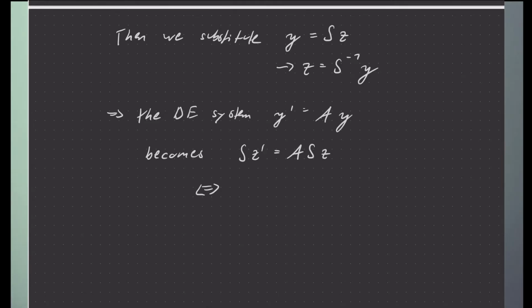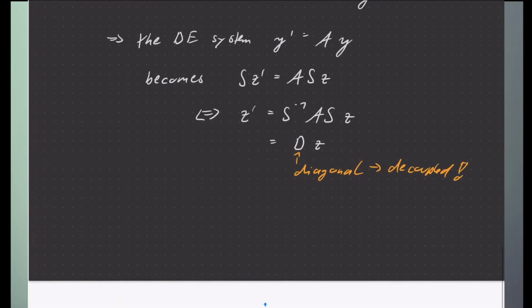We could slightly transform that by simply multiplying this with the inverse of S from the left, and we get c prime equals S to the minus 1 A S c. So that's exactly D c. And remember that matrix D was diagonal, so we have a decoupled system. And we know how to solve that.